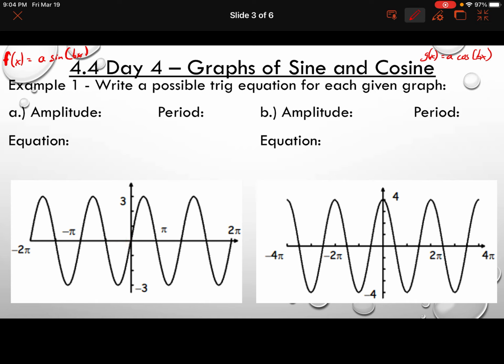For this first graph, the y-intercept is 0, so it crosses through the origin. That means our equation is going to be a sine equation. If your y-intercept is at 0, you have a sine graph.